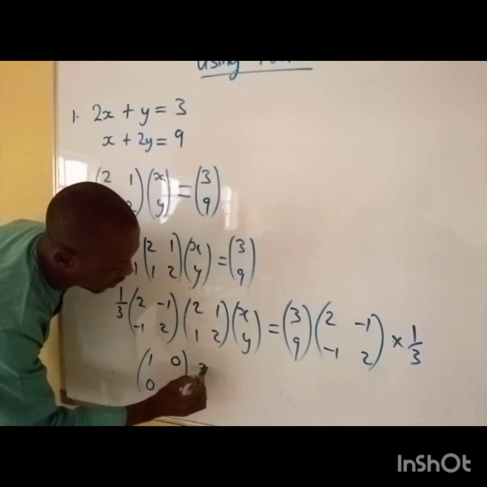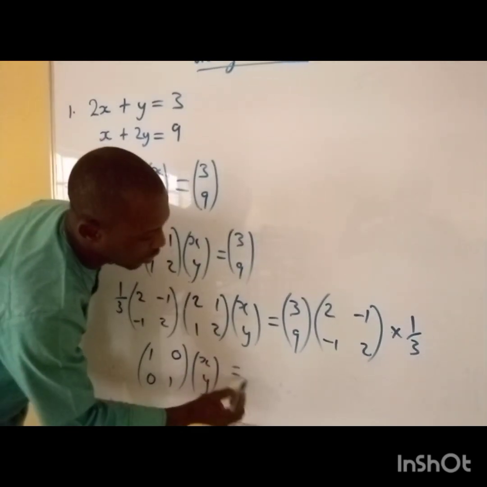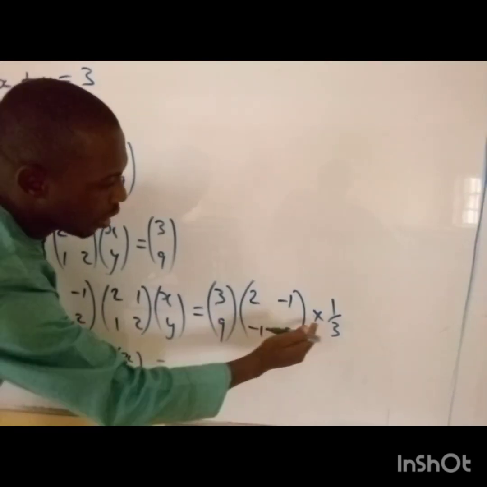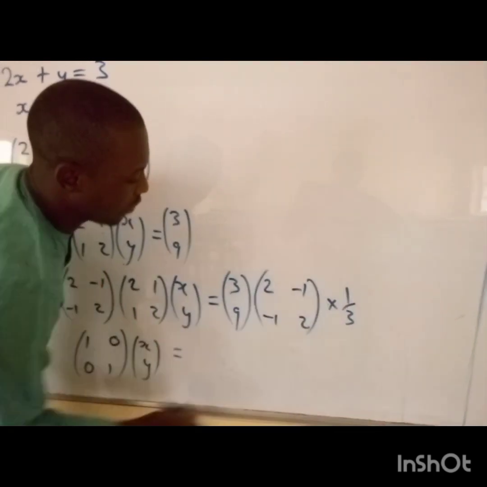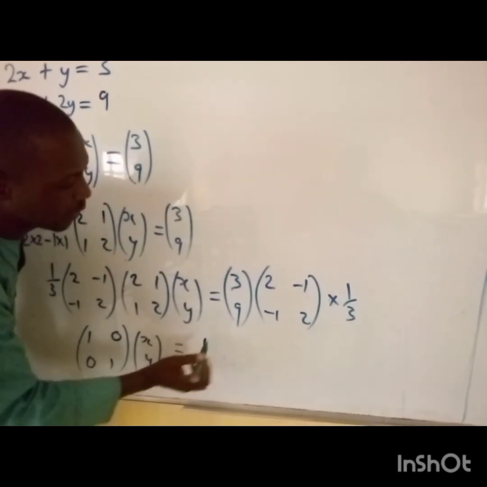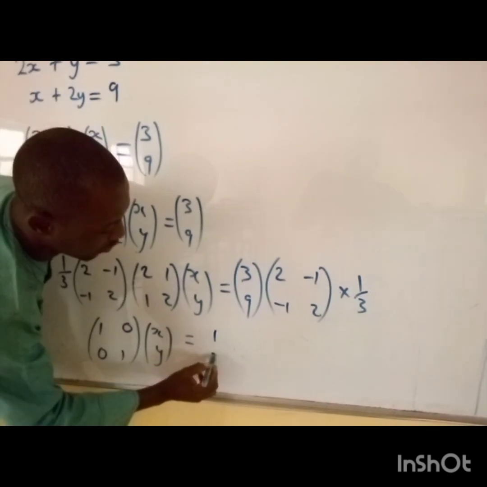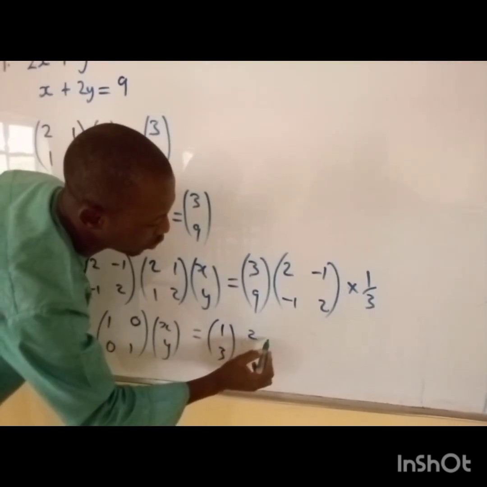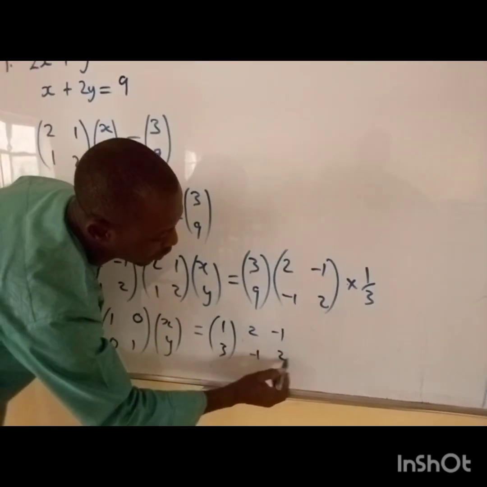And then we have x, y equal to, now I'll multiply this 3 by 1 over 3, that will give me 1. So I have 1 times the matrix 2, minus 1, minus 1, 2 times 3, 9.